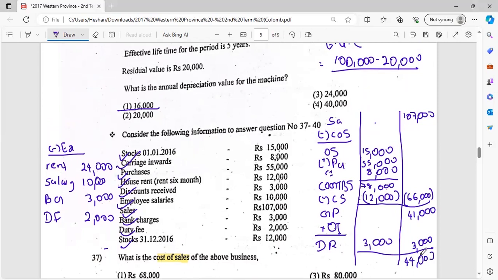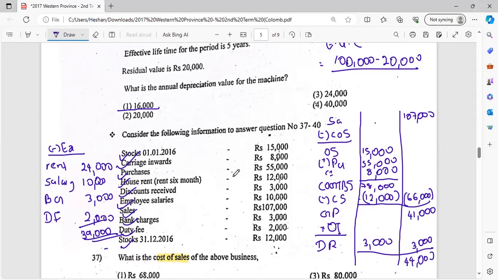Other income 3,000, then it's 44,000. When it comes to expenses, the total: 24,000 plus 10,000 plus 3,000 plus 2,000. It's 39,000. Sometimes this can be different on your side.